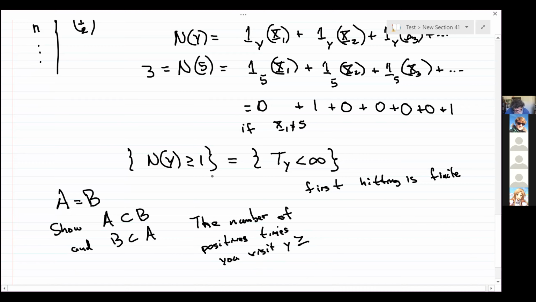Okay, now I don't know where we started, but it doesn't matter here. This is just looking at times you're at Y, where the time you're there is 1.